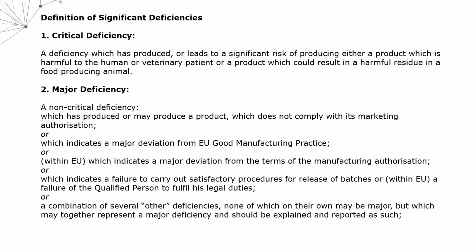And a major deficiency is considered a non-critical deficiency which produces or may produce a product which does not comply with the marketing authorization, which indicates a major deviation from EU GMP, and from the terms of the manufacturing authorization, and which indicates a failure to carry out satisfactory procedures for release of batches, or a failure of the qualified person to fulfill his legal duties, or a combination of several other deficiencies.